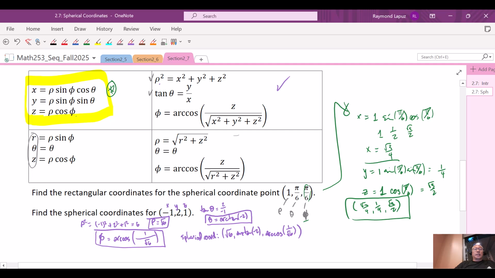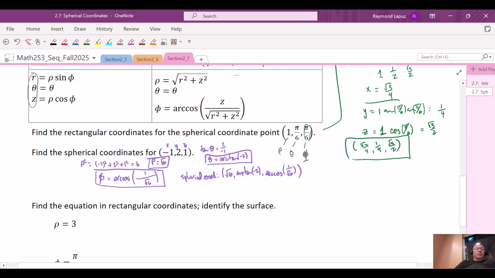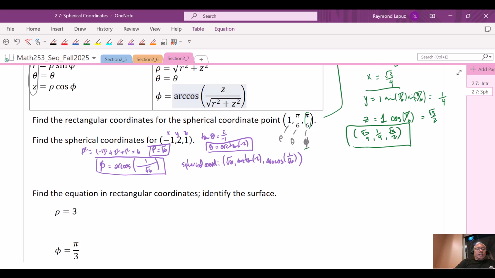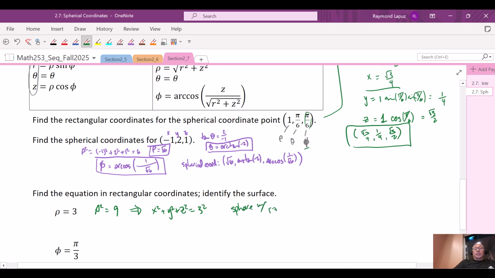So let's do that little trick where we square both sides. We'll get rho squared is equal to 9, and rho squared is x squared plus y squared plus z squared, equal to 3 squared. So this is a sphere centered around the origin with radius 3.